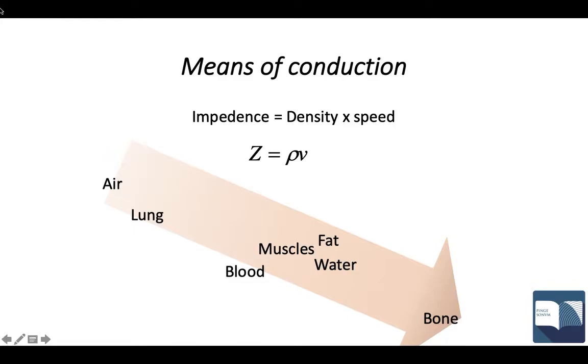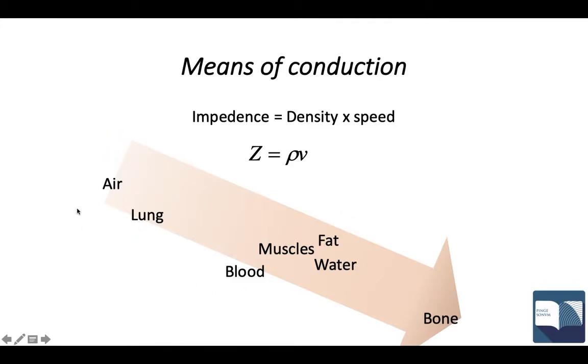Some means of conduction, such as air or lung, have a minor density. Bone has a major density. Muscles, fat, water, blood has an average density.